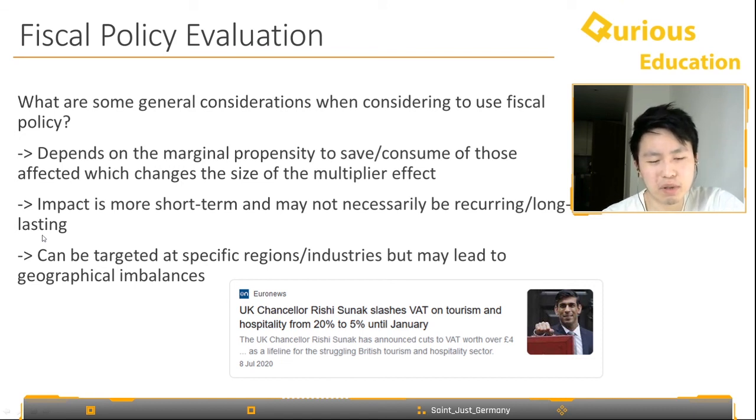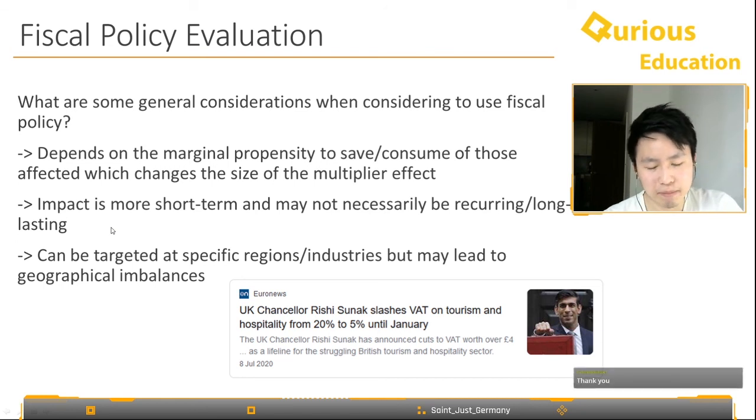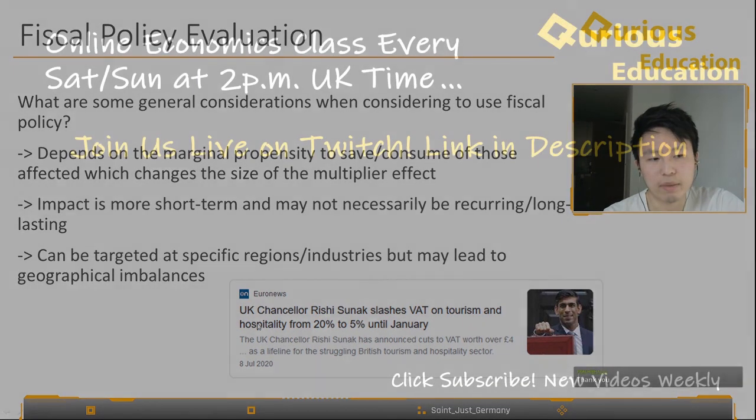Supply-side policy tends to be more long-term compared to fiscal policy, because it fixes some of the structural problems of the economy and grows the economy in a more permanent way than just spending money or taking money away as a one-off thing. Can be targeted.